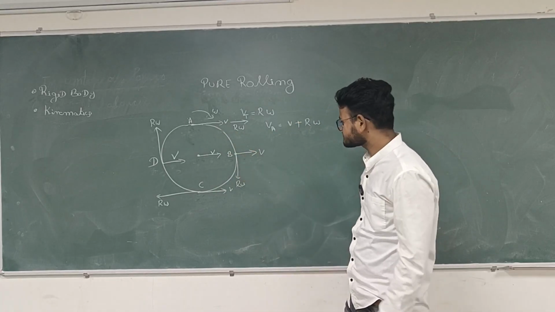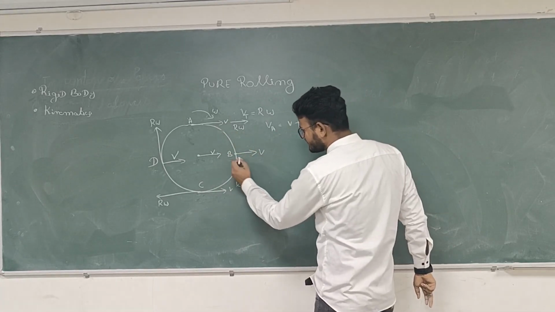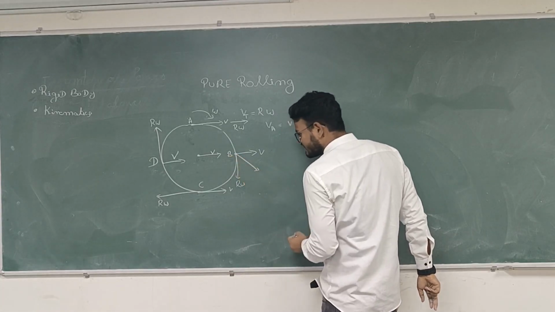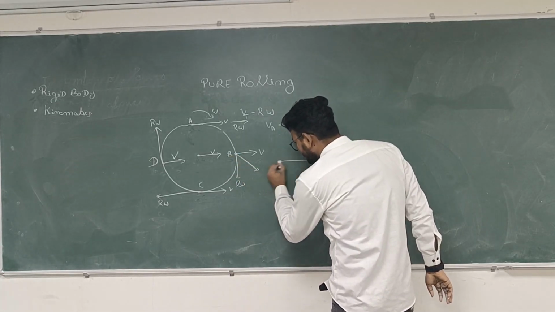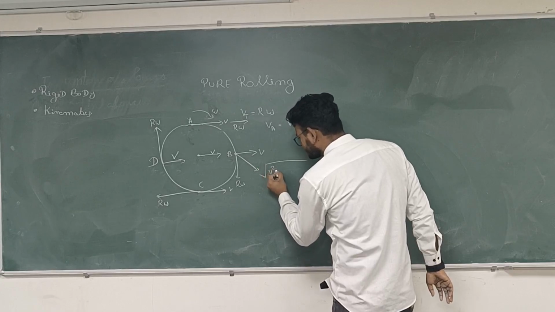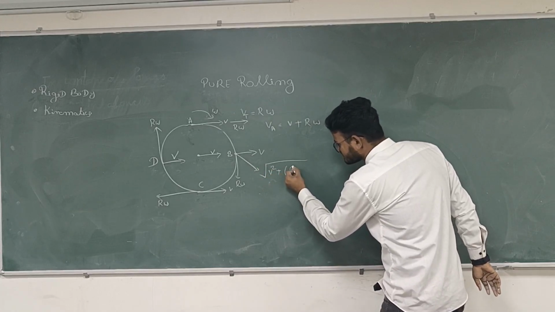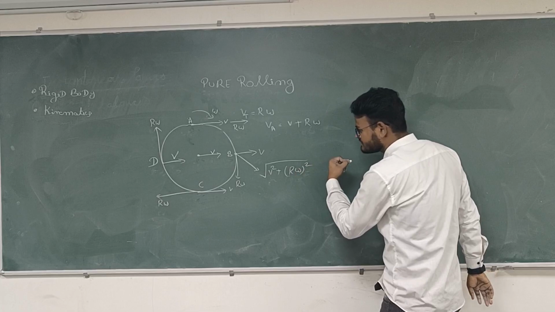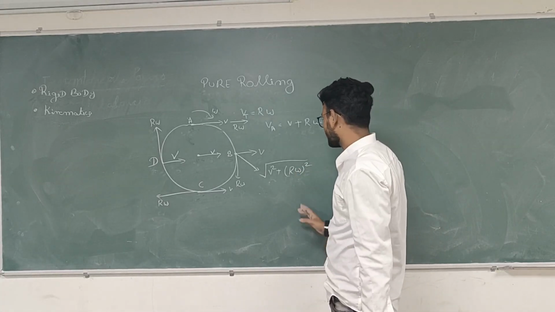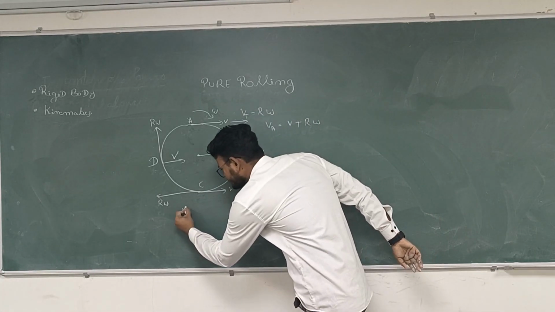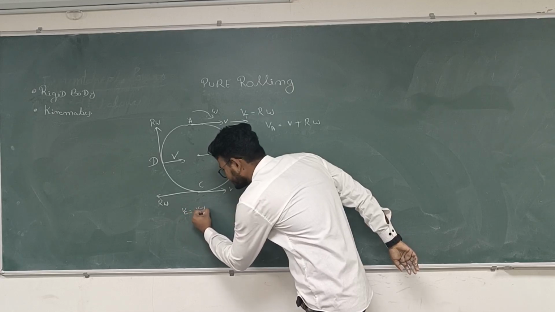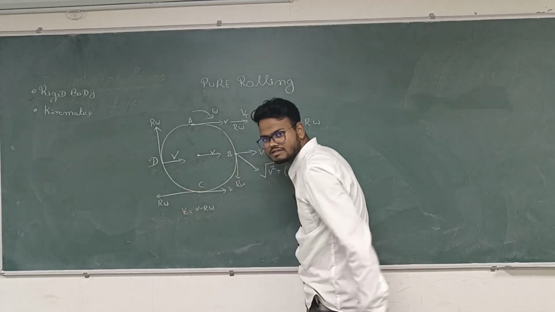Now at this point both the velocities are perpendicular, so we have to take the resultant velocity, which equals the square root of v squared plus (r omega) whole squared. And at this point the net velocity at point C equals v minus r omega.